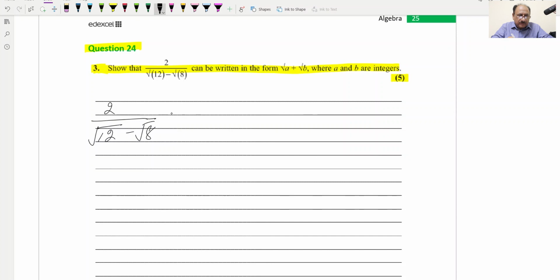Before rationalizing, we can simplify these basically.